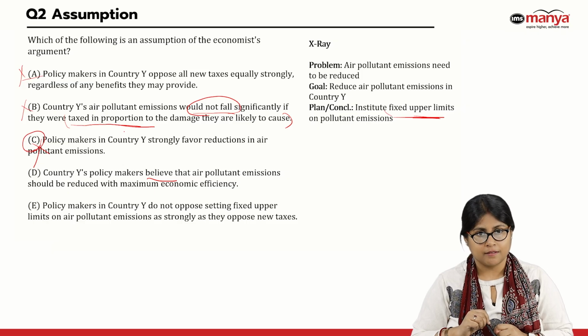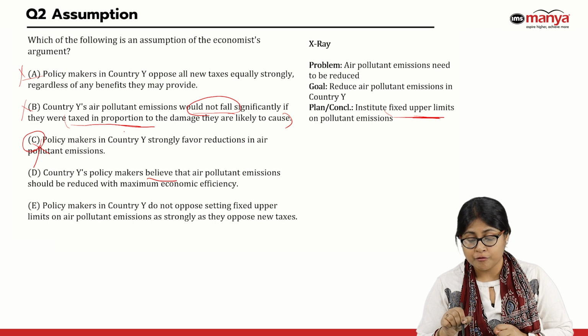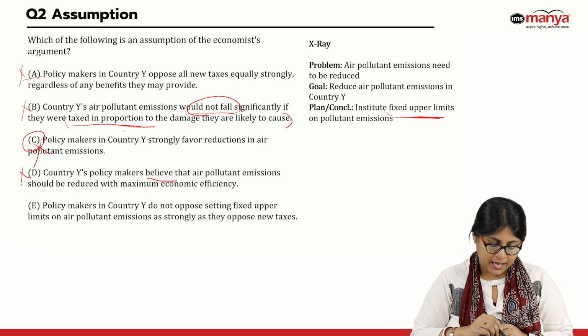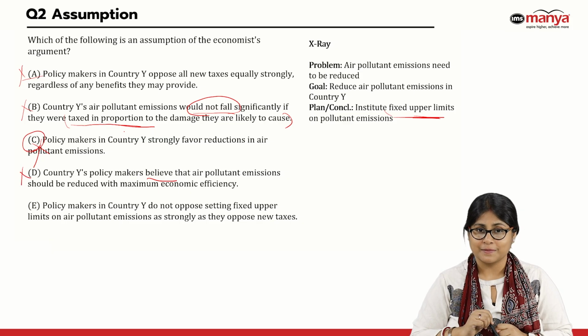But again, does it really tell me adopting the plan of fixing upper limits will achieve the goal of reducing pollution? Does it really connect the plan of action with the goal? No. Again, it does not, right? So that also can be eliminated. Understand the logic of each option and keep eliminating.